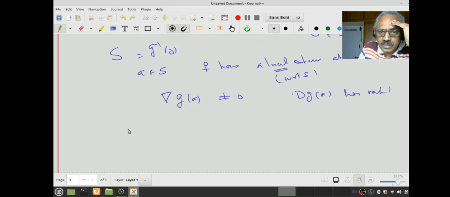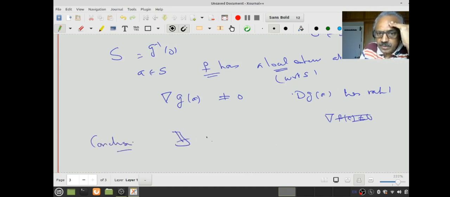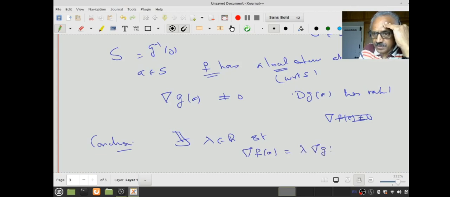What is our assumption? f has a local extremum. The gradient may not be 0, but what we want to conclude is the following: there exists a scalar lambda so that the gradient of f at A equals lambda times the gradient of G at A.